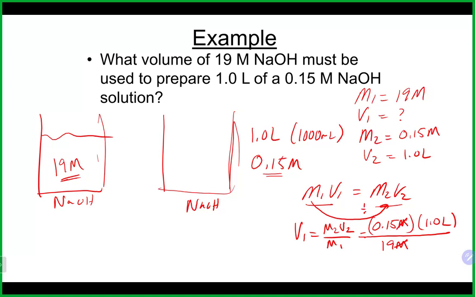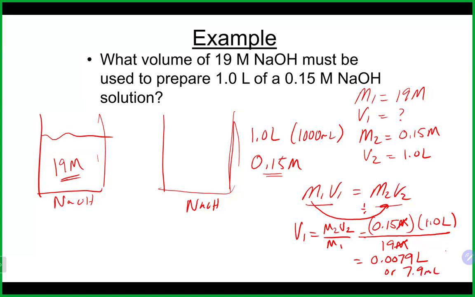And because I left my volume here in liters, I am going to get liters as my answer in this particular case. That's going to be 0.15 divided by 19. That's going to give me 0.0079, and these are liters. If I multiply it by 1,000, that is 7.9 milliliters, whichever way you want to look at it.